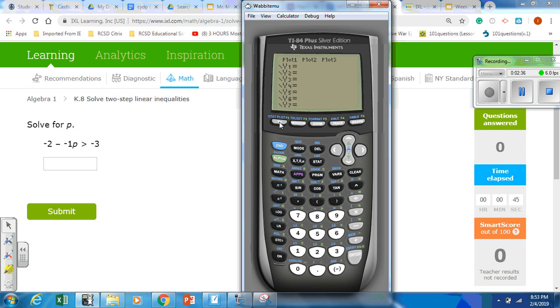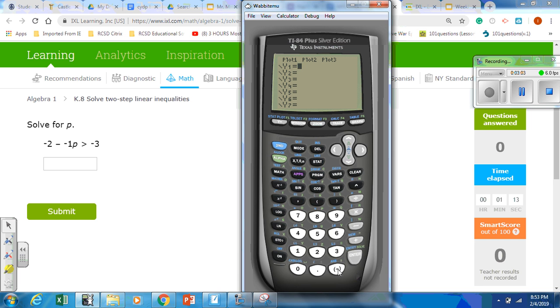In place of P, I'm going to write X. So I'm going to write -2 minus -X is greater than, I hit the second math button, and my greater than sign is 3. And then -3. So a lot of negatives happening.